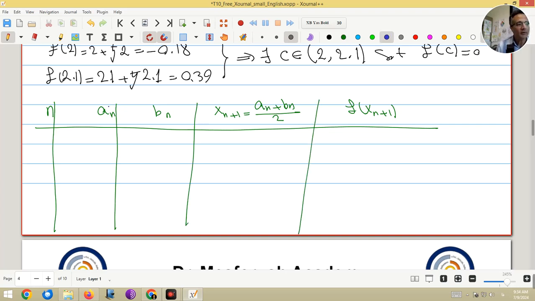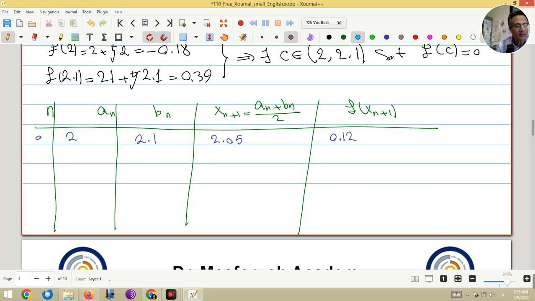Now, let me start. For n equal to 0, we put a_n equal to 2, b_n equal to 2.1. The middle point of these two is 2.05, and if you compute f at 2.05, it will be 0.12. Here this is negative, here this is positive.